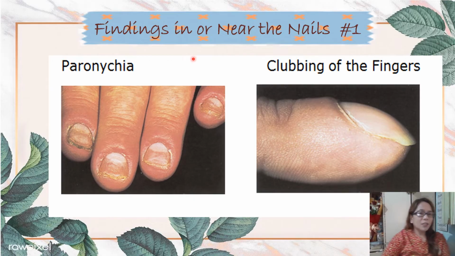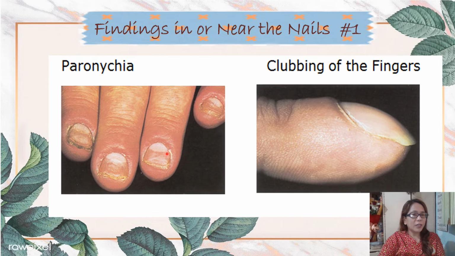So, these are the abnormal findings in the nail or near the nails. We have what we call the paronychia, which is a skin infection around the fingers or fingernails or the toenails. This usually affects the skin at the base or at the cuticle, okay, or up the sides of the nail.